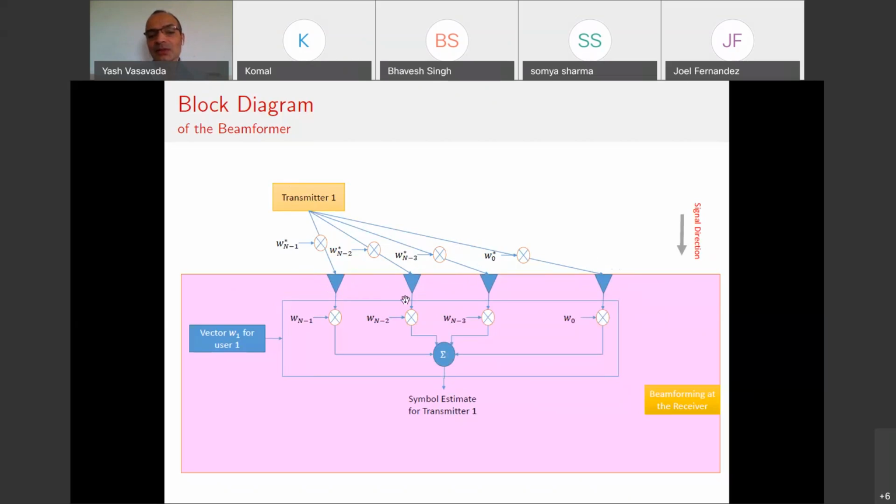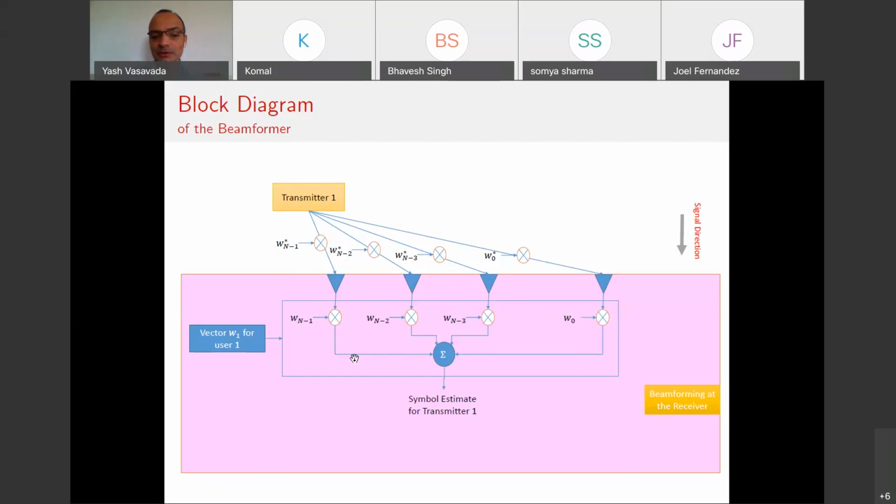So assuming the receiver knows the direction of arrival, it will make the beamforming weights just the complex conjugate of the array vector weights. That is why this is called match filtering. And it is called single user match filtering because all that we are considering is that there is only one user present in what we are receiving.